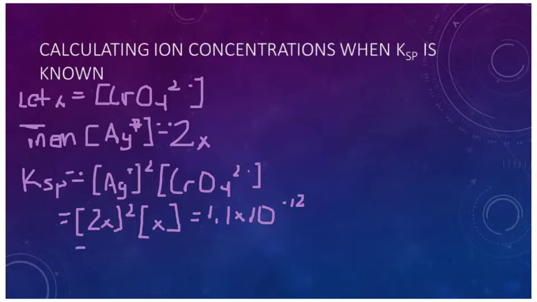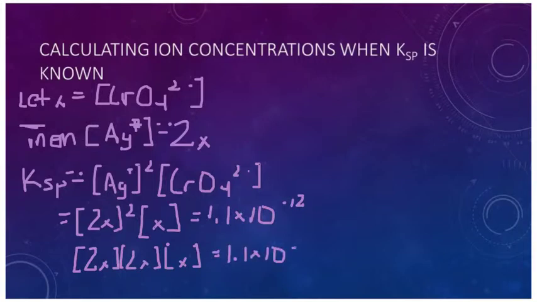Okay, now I have a little bit of math to do. 2x squared is like 2x times 2x times x. So when I'm multiplying like this, what I can do, okay, so I'm going to multiply all my numbers, so I end up with 4, because everything's multiplied together. Then there's 1, 2, 3 x's multiplied together, so that's x to the power of 3. That still equals the same Ksp.